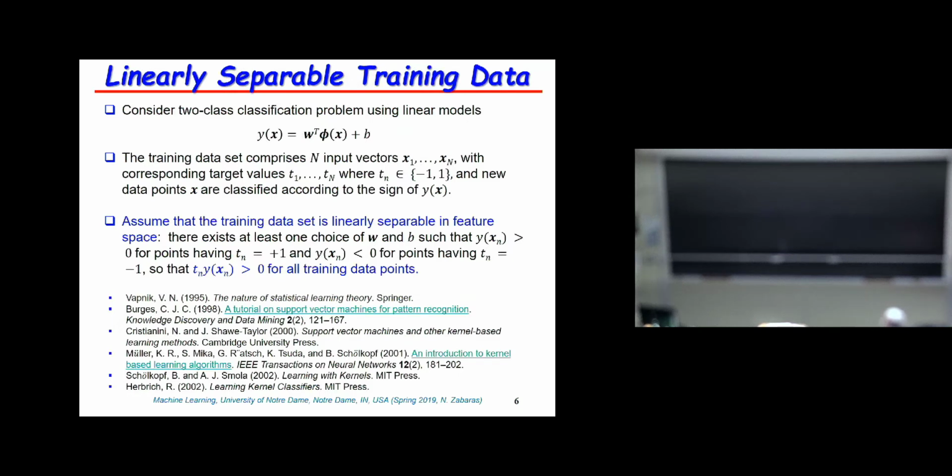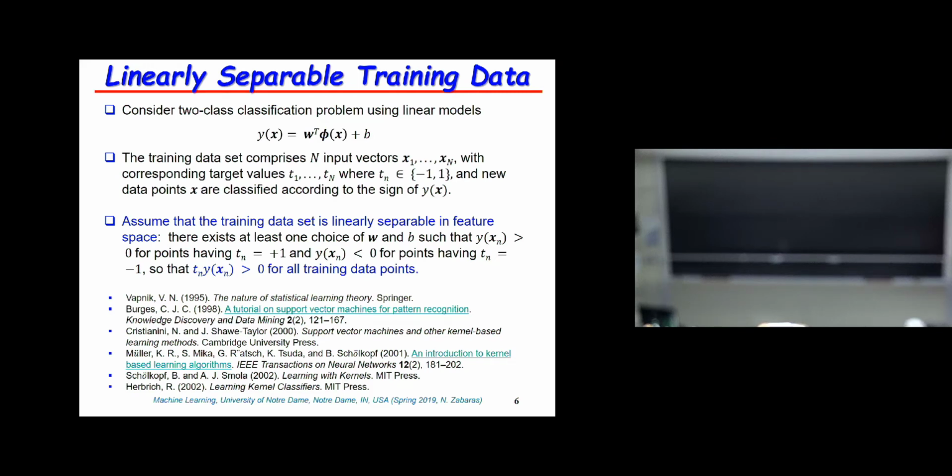All right, so we consider binary classification, and we consider the case of what's called linearly separable training data. The idea is we can separate the two classes with a hyperplane that is defined by this equation that you see here. That's our generalized model that we have seen up to now.